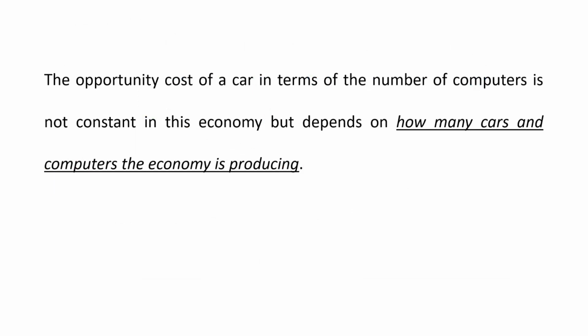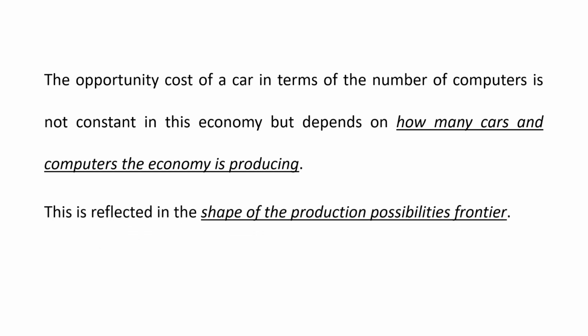The opportunity cost of a car in terms of number of computers is not constant in this economy, but depends on how many cars and computers the economy is producing. तो अपॉर्चुनिटी कॉस्ट जो है कार की वो कांस्टेंट नहीं है, बल्कि वो उस चीज़ के ऊपर डिपेंड करती है कि इकोनॉमी कितनी कार्स और कितने कंप्यूटर्स प्रोड्यूस कर रही है, and this is reflected in the shape of PPF.